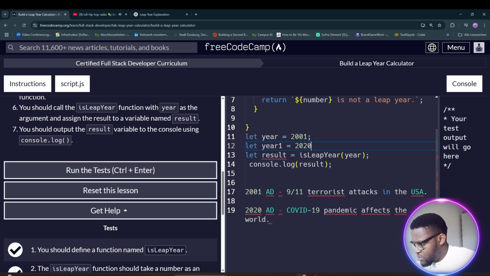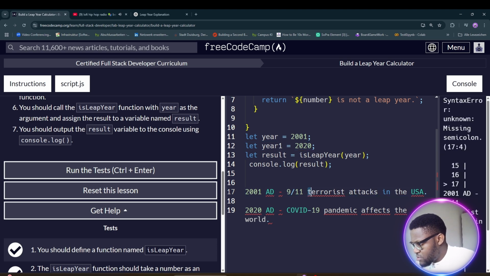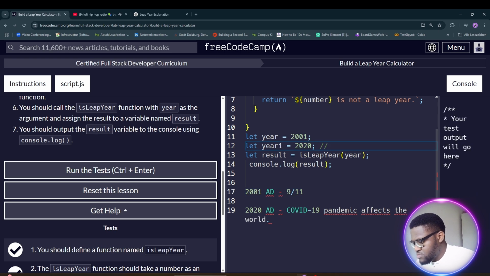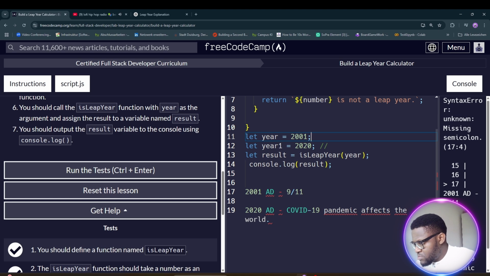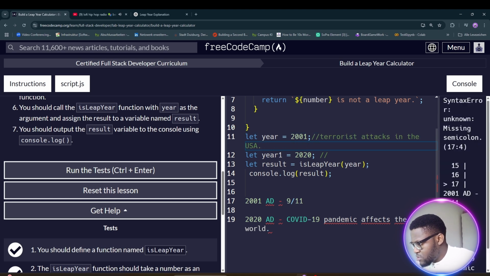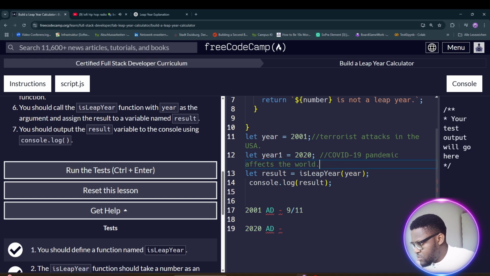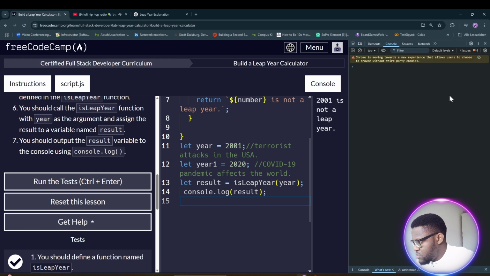So, coronavirus, terrorist attack, COVID-19. Sorry.